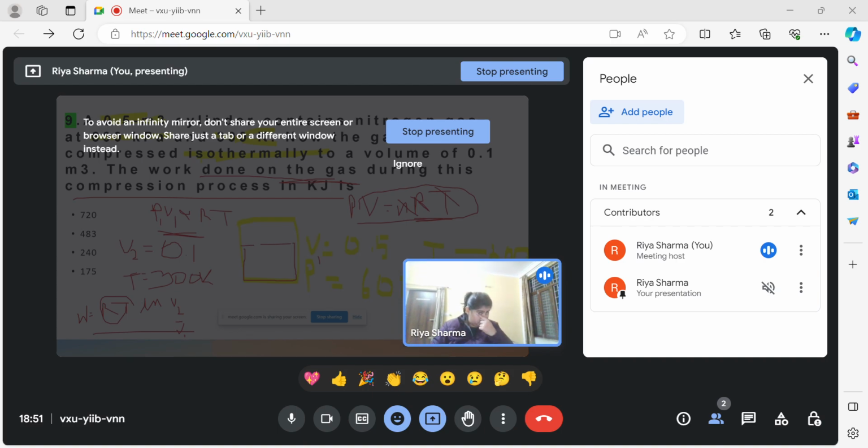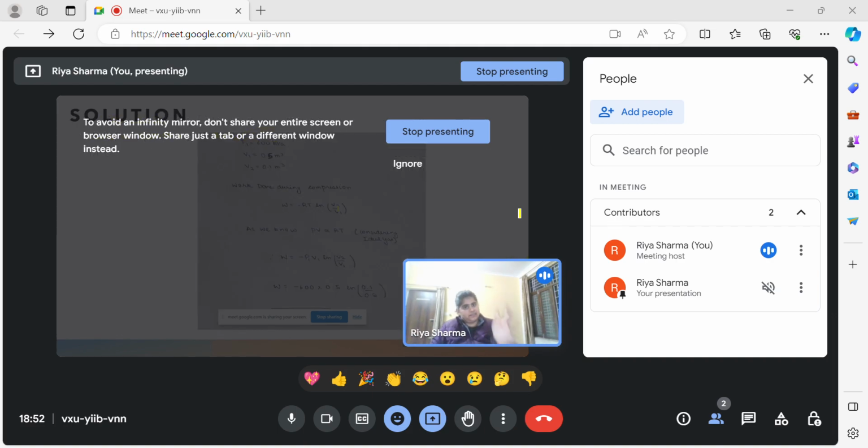A hint has been given to you: ln V2 by V1, what is it? So the answer is 483 kilojoule. Let us try to solve this problem. Here I have written what P1, V1 and V2 are.